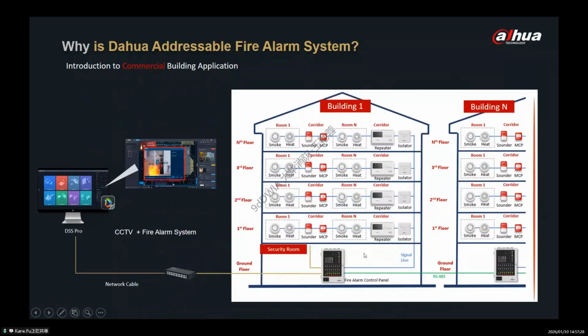If you have multiple buildings in your project, you can deploy multiple panels, cascade them into one whole system, and add them to the DSS Pro platform to make the IoT system.